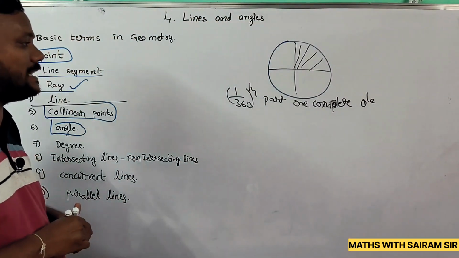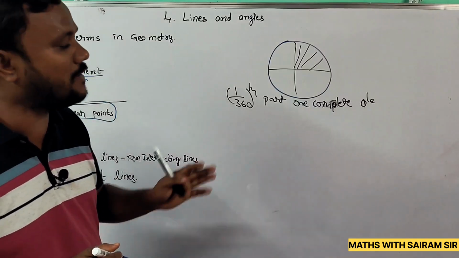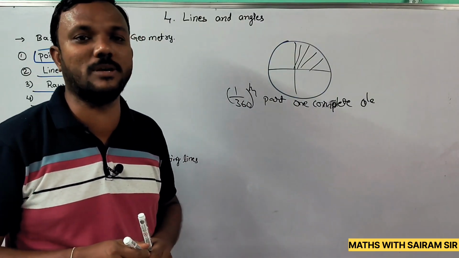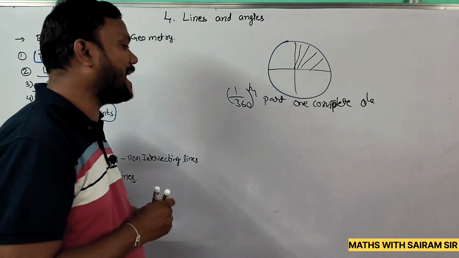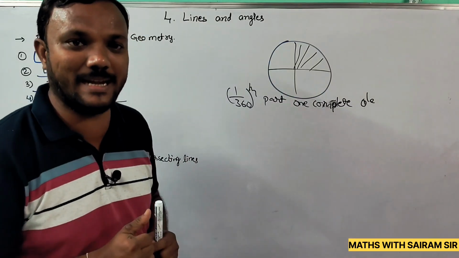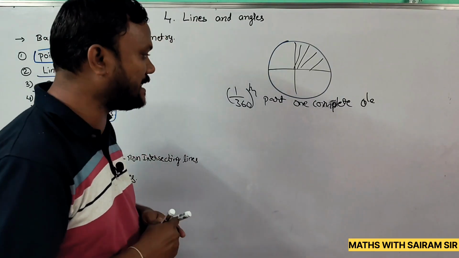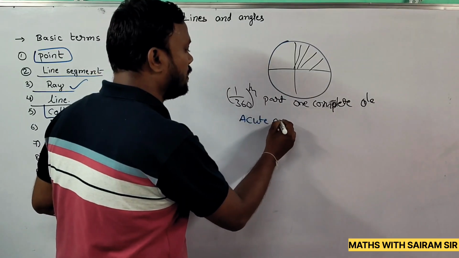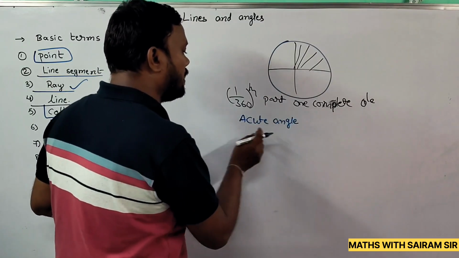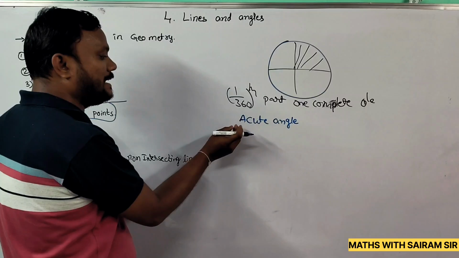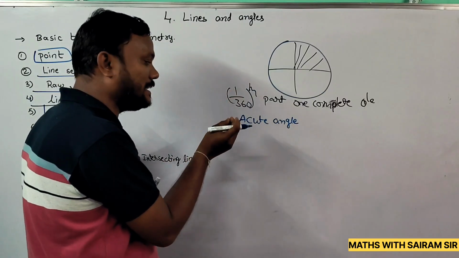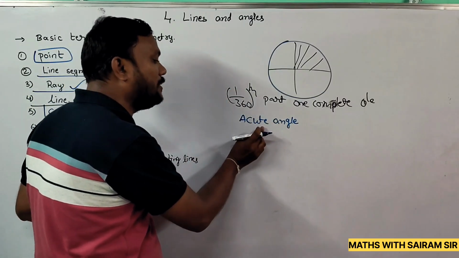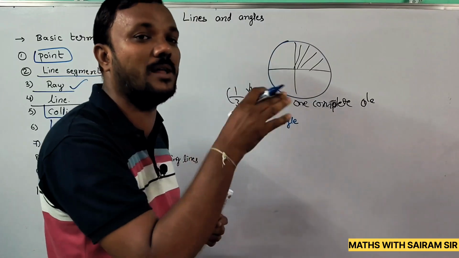Based on these measurements of degrees, we can classify angles into different types. Those are acute angle, obtuse angle, right angle, and so on. So let us see about the acute angle. What is meant by acute angle? Acute means a small angle.